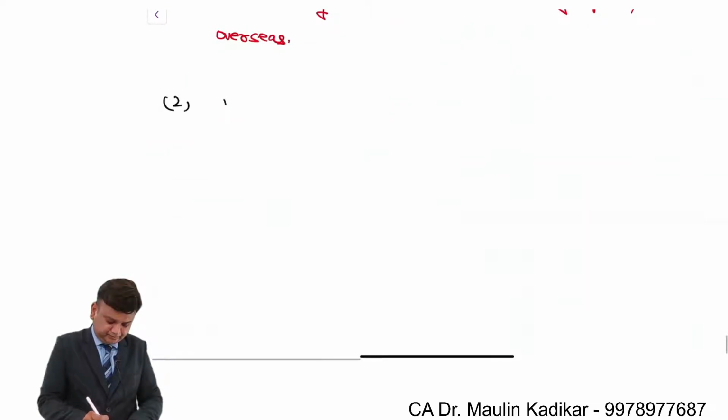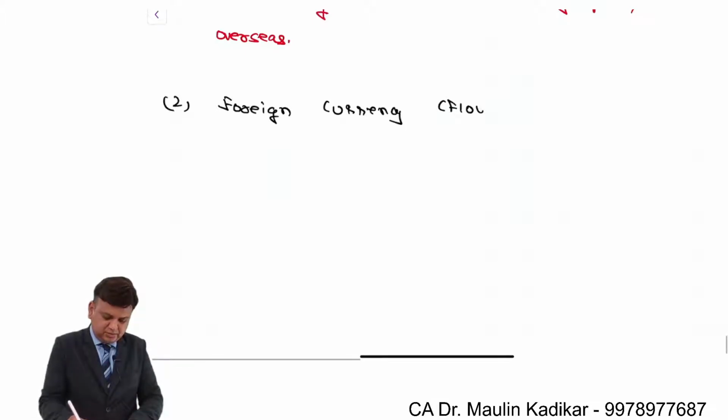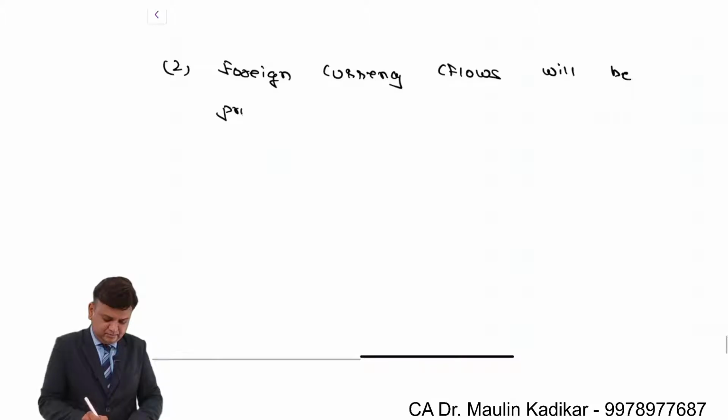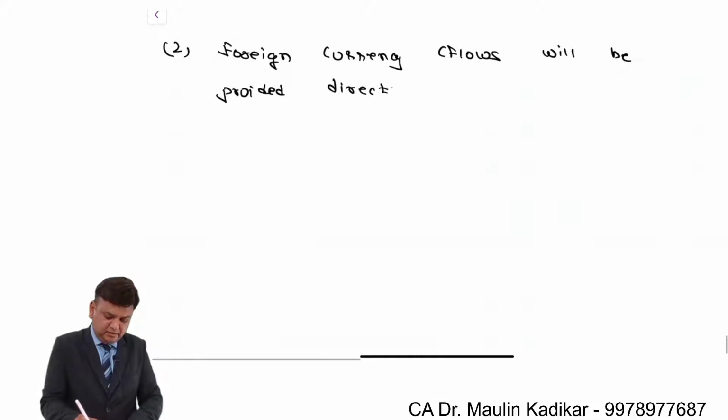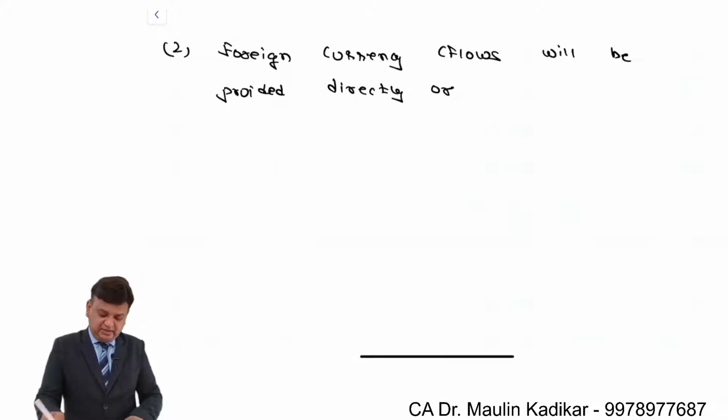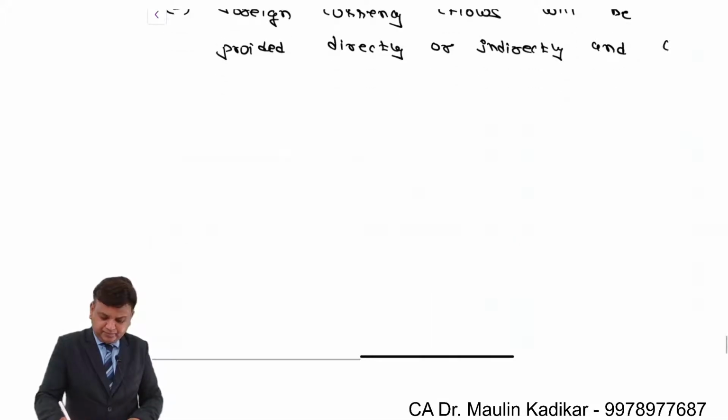Second, foreign currency cash flows will be provided directly or indirectly and cost of capital would be given.